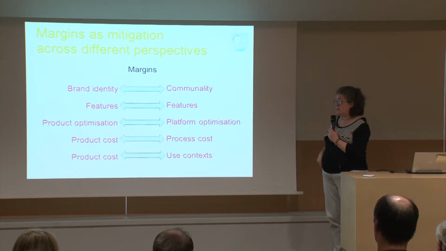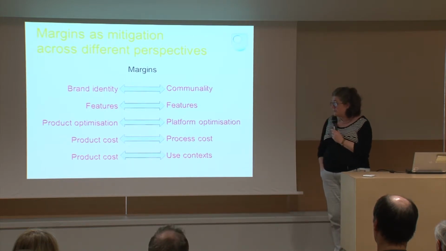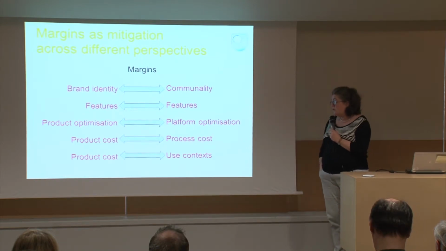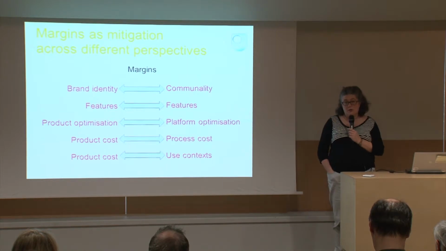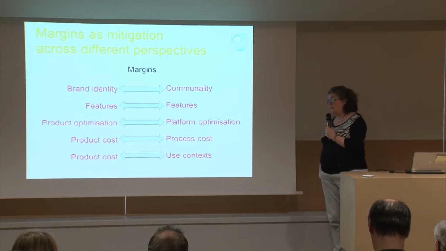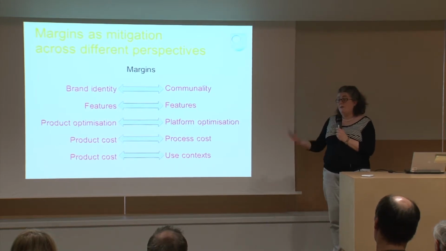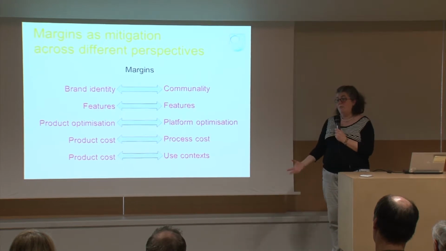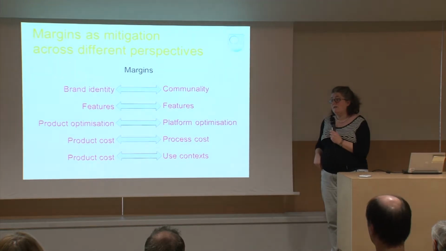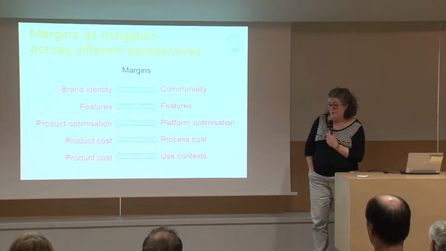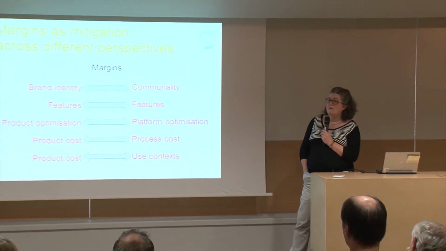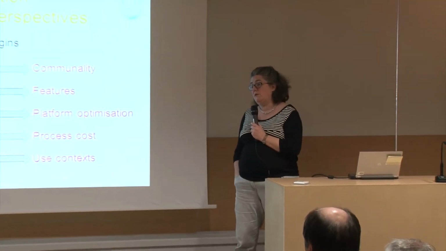And again, to understand this, you would ideally like to map out the profile of margins on key components. One of the things I find very interesting is the trade-off between product cost and process cost, because a product that is highly optimized might actually take you a very long time to design. If you have margins in a component, you might not need to make changes to it, and therefore you don't run into additional process effort, or alternatively you don't run the risk of delivering products too late.